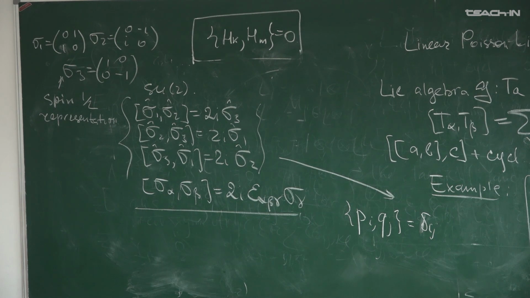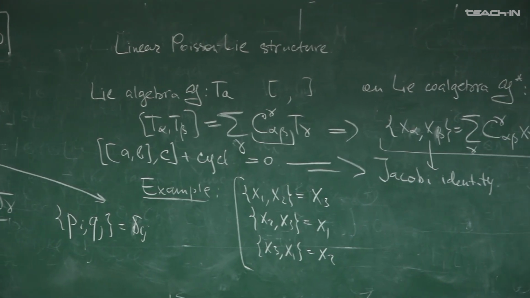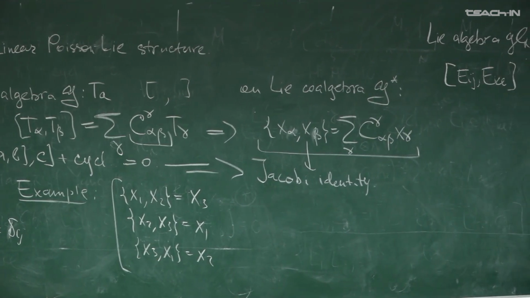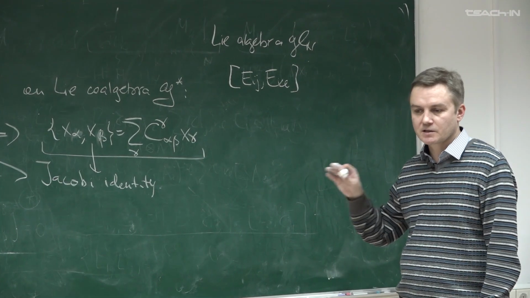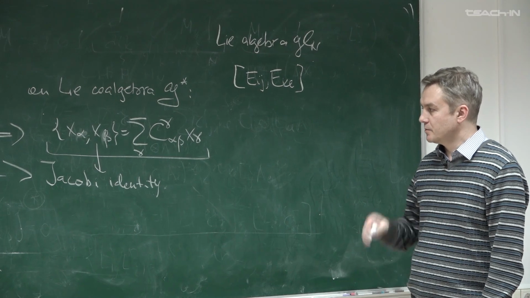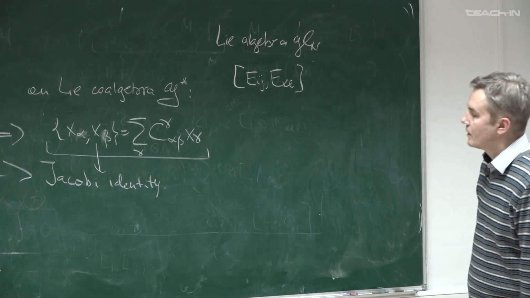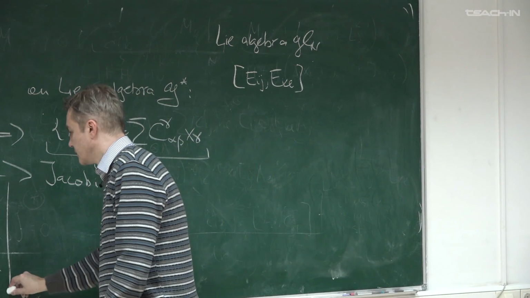This is what we will discuss in what follows, and it is also interesting because they are related to Sklyanin algebras and some classical analogs of quantum groups and so on. But now it is sufficient for us to consider linear Poisson structures.